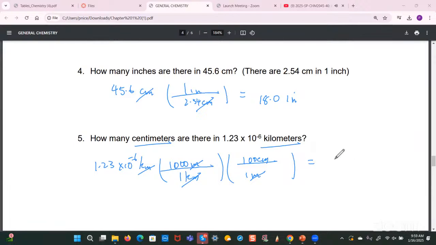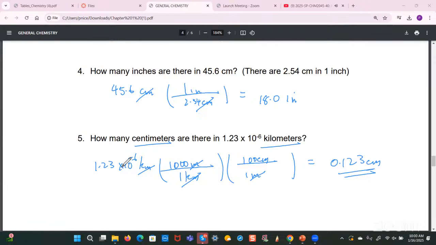So according to my calculation, this works out to 0.123 centimeters. That's how we do that. Okay, any other questions?